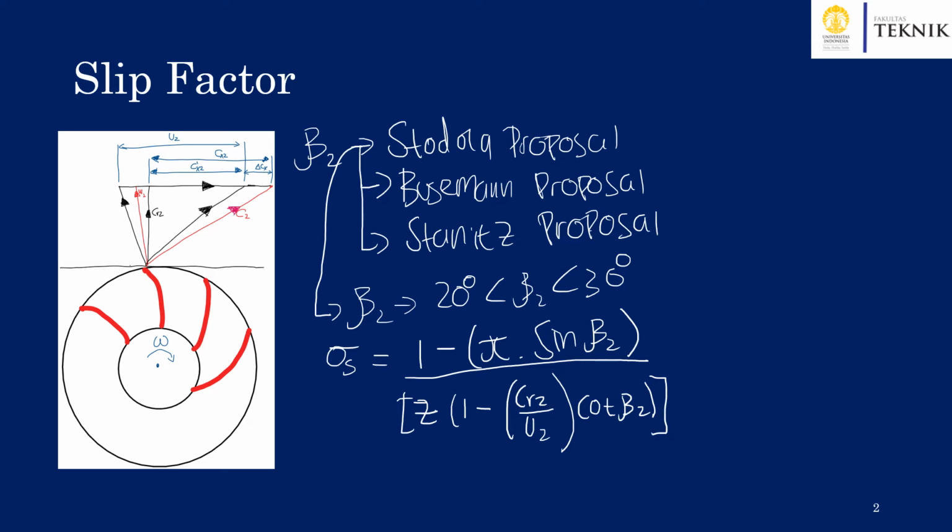That is the Stodola proposal for a blade angle at the outlet from 20 degrees up to 30 degrees. We have a new parameter here, Z, which is the number of blades.